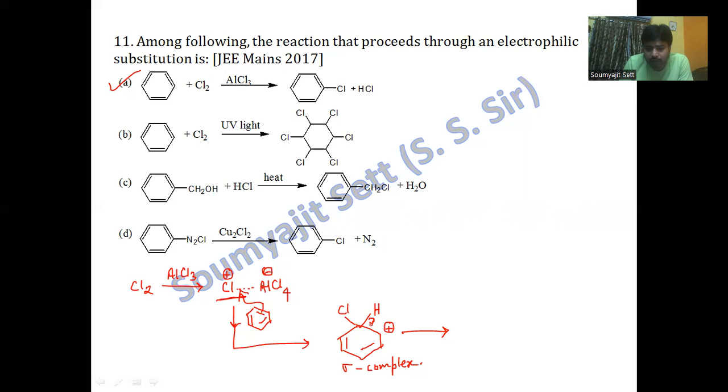Then rearomatization will occur and we will get chlorobenzene. This sigma complex can be stabilized by resonance. You can see this sigma complex is stable because of the resonance in the ring structure. Okay. So the correct option is formation of chlorobenzene by the reaction of benzene and chlorine in presence of anhydrous AlCl3. Okay. Thank you.